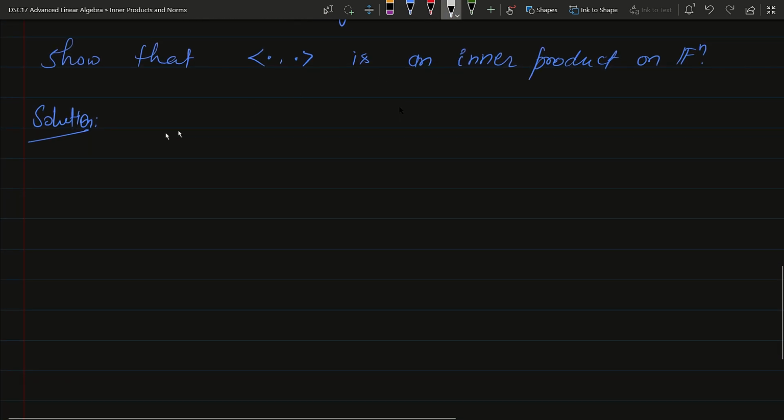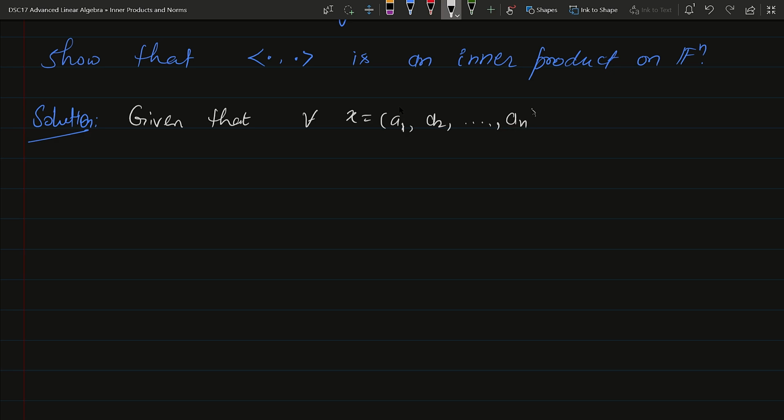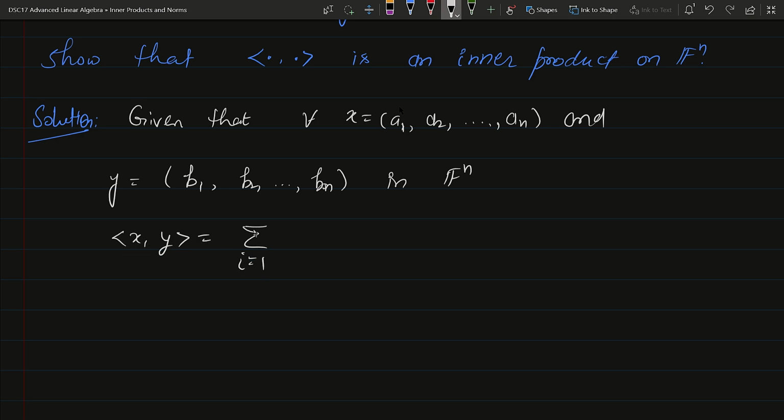So given that for all x equals a1 comma a2 comma and so on comma an and y equals b1 comma b2 comma and so on bn in F^n, x comma y is given as summation i equal to 1 to n a_i b_i bar.